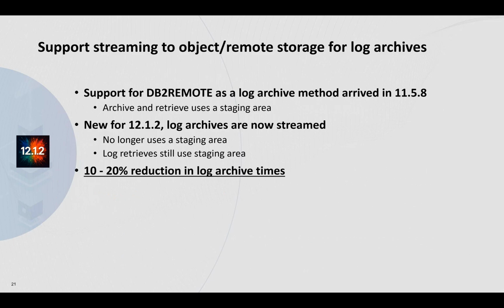So the next thing with log archiving, we came out with support for object store remote storage, DB2 remote, the alias concept. The alias concept came out a little while ago. We then extended remote storage for log archives. We had it for backup, we had it for load copies, but now we can do it for log archiving as of 11.5.8. There's two ways to write to remote storage.